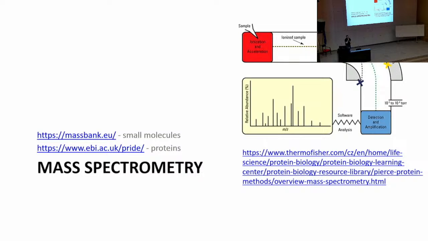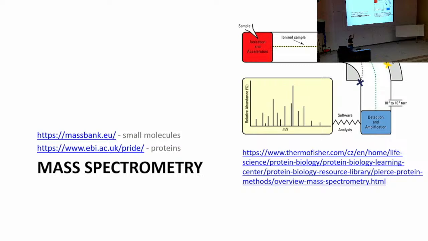The next method is more of an additional one, because this is mass spectrometry, where you basically ionize and accelerate the sample, and then you collect the individual fragments according to their mass and charge.